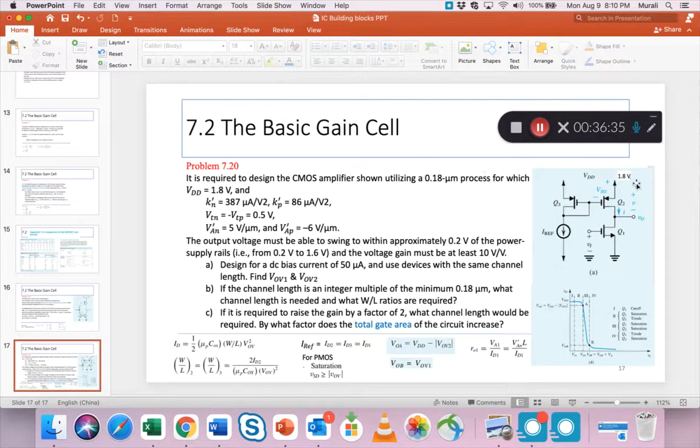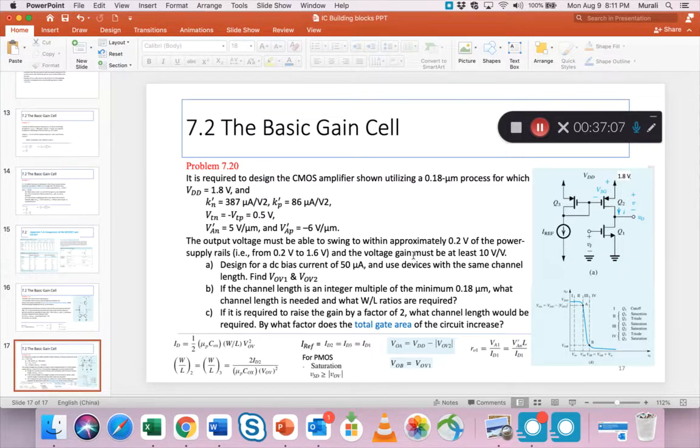VDD is given to be 1.8 volts. All these other parameters are given: Kn prime, Kp prime, Vtn, Vtp, V prime A, the early voltage, are different for N and P. Sometimes they are given to be the same, but in this case, they're different. Also notice that this is given with a negative sign, right?